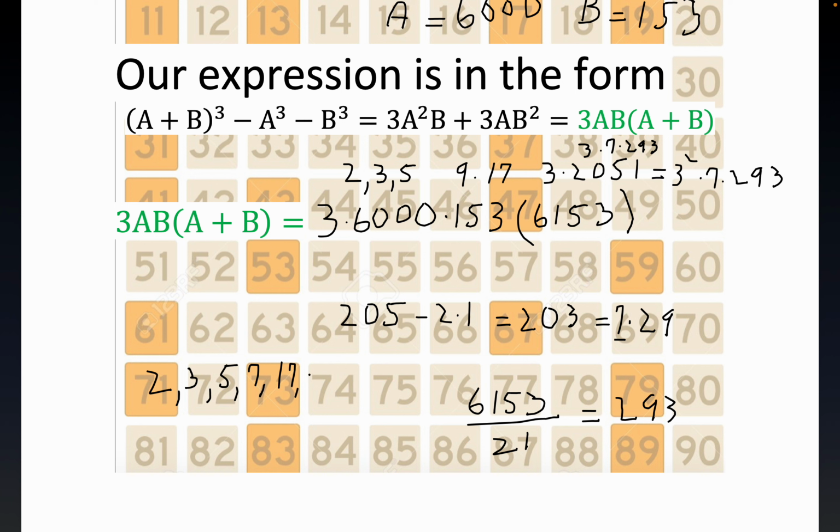And I just wave my hands and say 293 is prime. But you can check that fairly easily by noting that 17 squared is 289. Okay, 17 squared is equal to 289. And so you don't have too many prime factors to check, right?